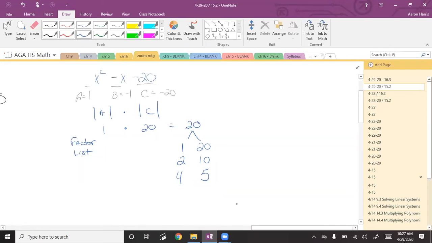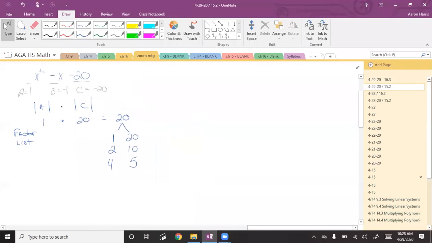So here's the learning part that you have to know. C is what kind of number? Negative. And B is what kind of number? Negative. So if C is negative, you have 2 choices. It's either a negative and a positive or a positive and a negative. The bigger number would be positive or negative depending on which one you choose. I look at B. B is negative.